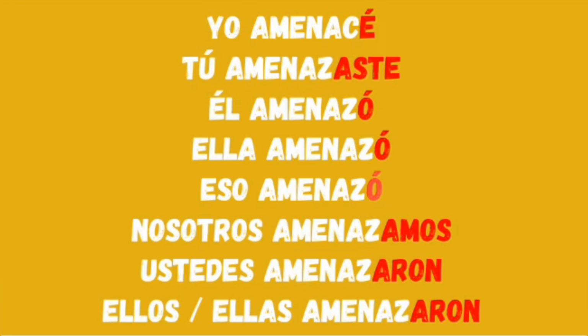It's different from the other personal pronouns in the root word. This is an irregular verb and the only difference is in the first personal pronoun. Yo amenacé. The ending of the root word is the letter C.